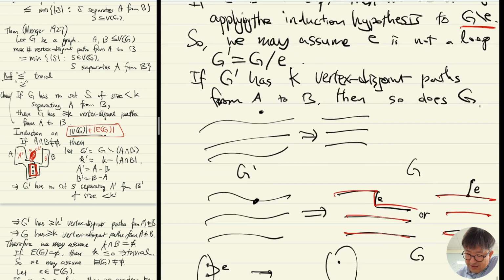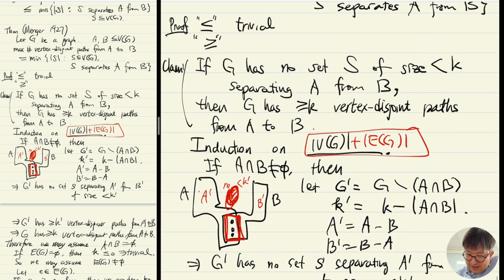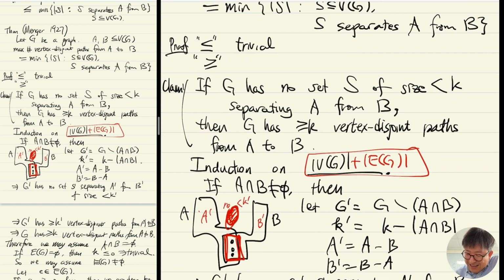Oh, I should modify the claim. Let's modify the claim. So I said it's if and only if, I said only one direction, but let's say both directions, and this is again true. And that's actually equivalent to Menger's theorem, right?